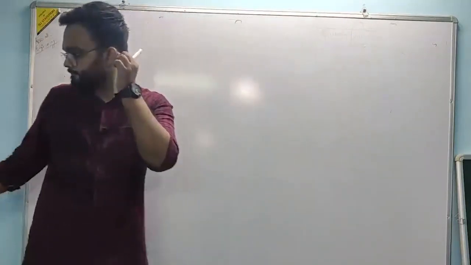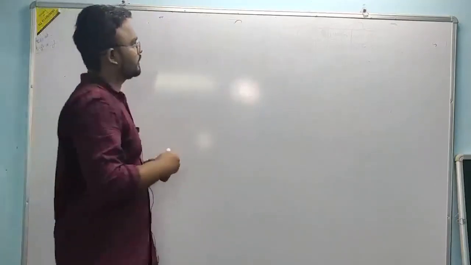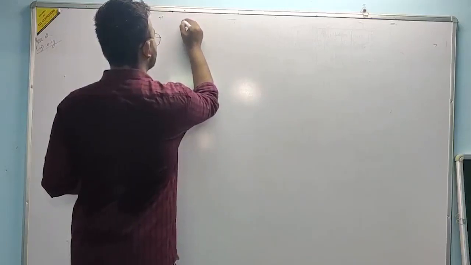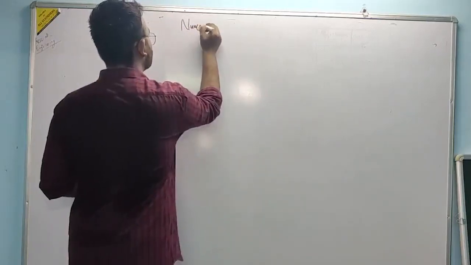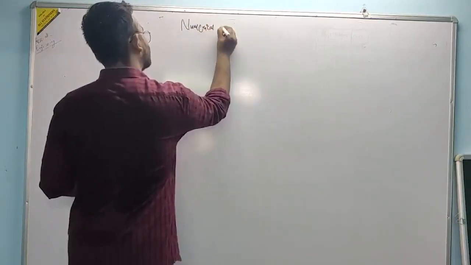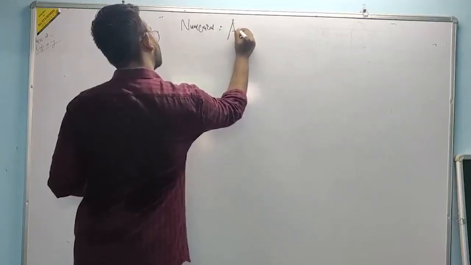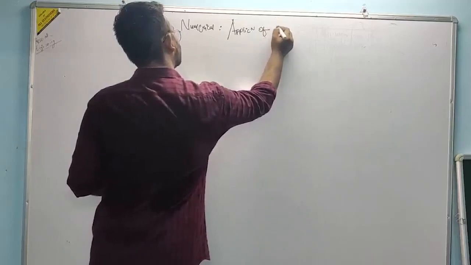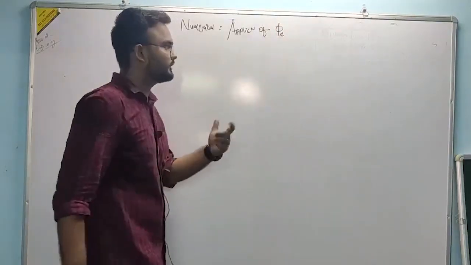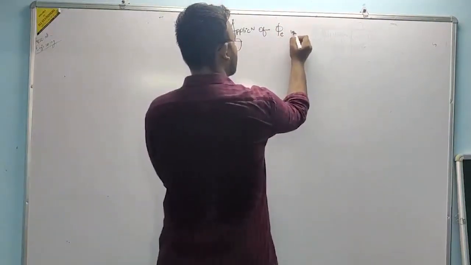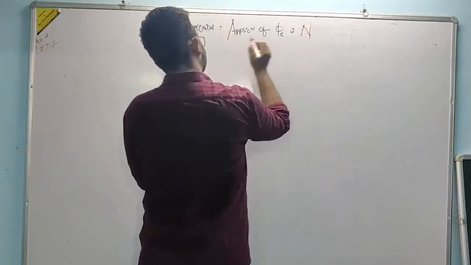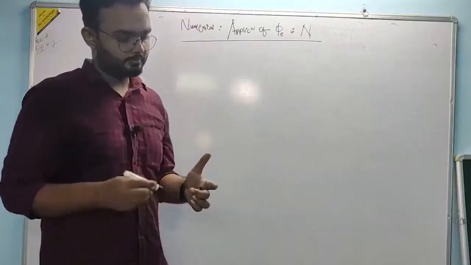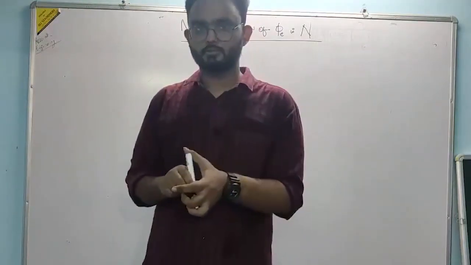We'll call this numerical an application of effective porosity in calculating N. What is N? N is original oil in place. We're talking about the reserves.